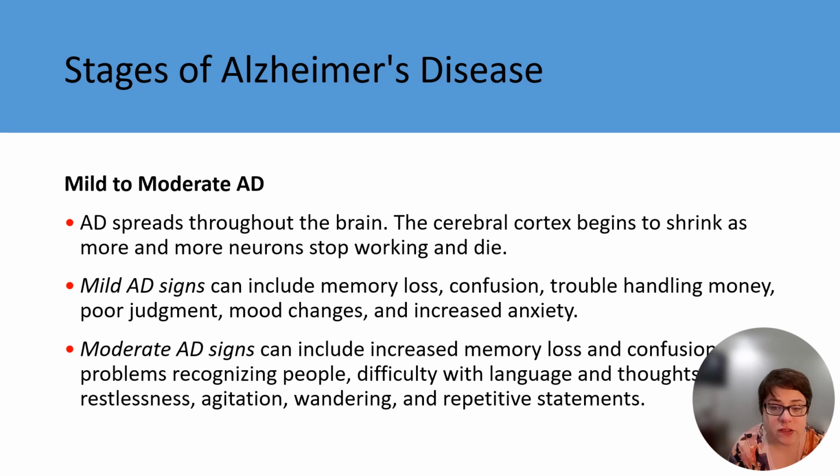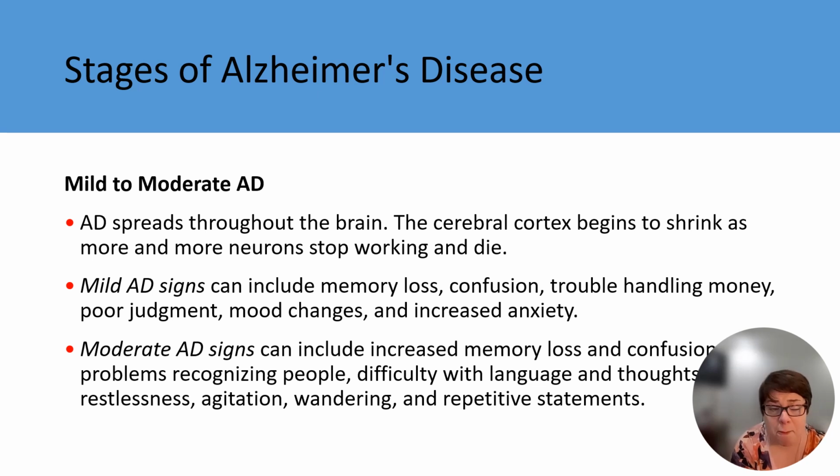So mild to moderate Alzheimer's disease begins to develop when neurons and structures in the cerebral cortex start to shrink and more neurons stop working and die, right?